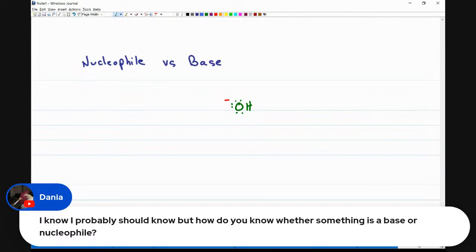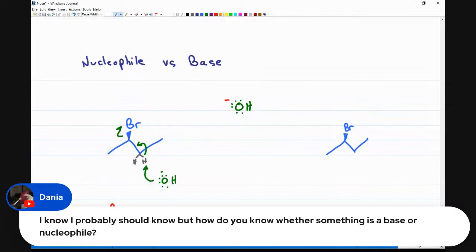If I have my starting molecule, as we saw before, with bromine as a leaving group, and we also have the most substituted hydrogens right there on the beta carbon. If I take the OH minus and it grabs a hydrogen, collapses the electrons, and kicks out the bromine, this is OH minus acting as a base.